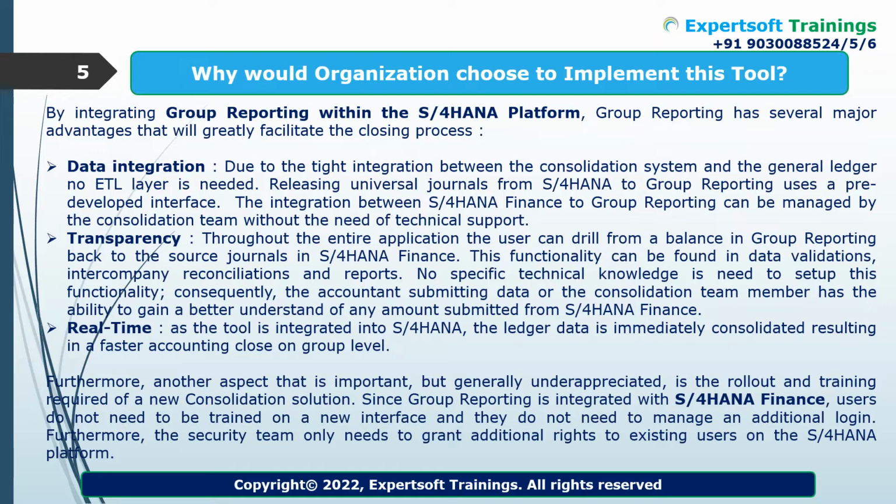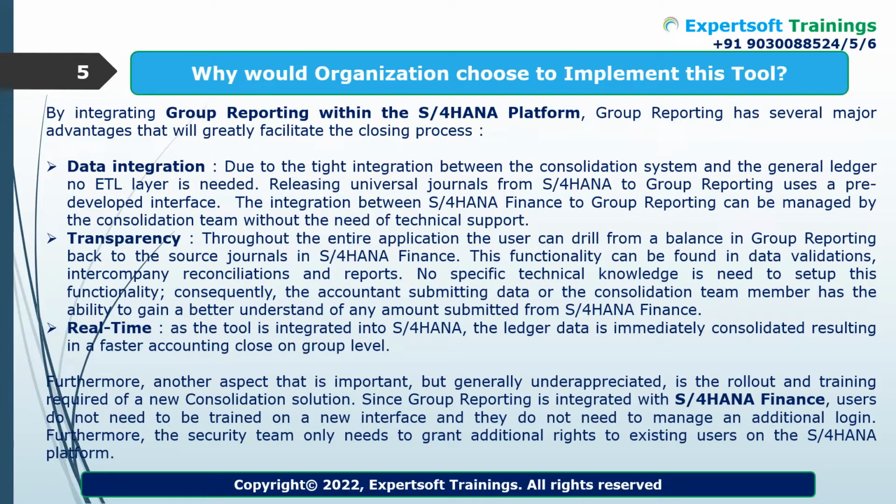Coming to S4HANA, everything is in a single system, so we need not perform any interfaces from one system to another. I'm using only a single instance of S4HANA, and within it I already have the data, especially my transaction data and the source data for the consolidation.